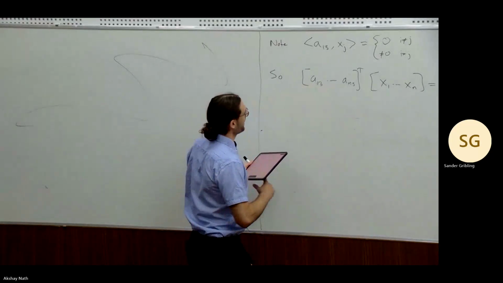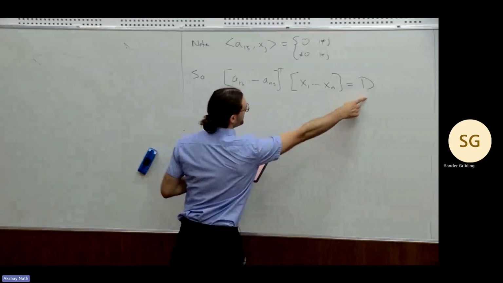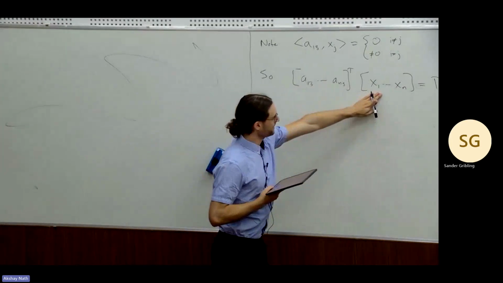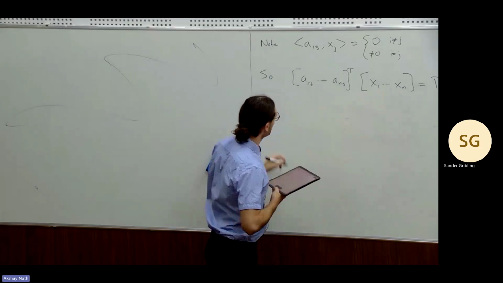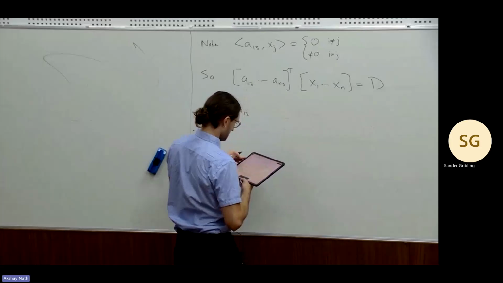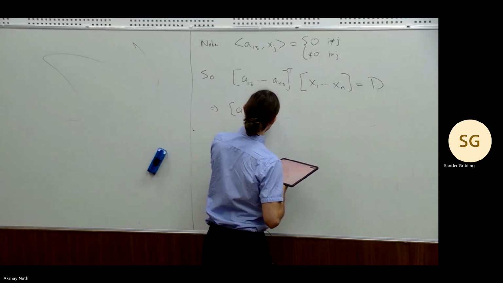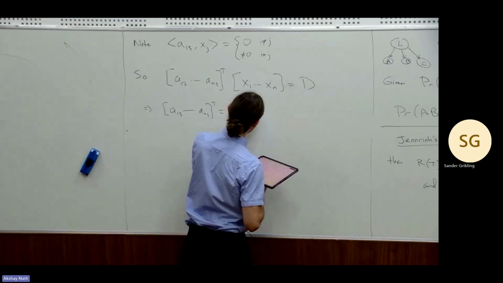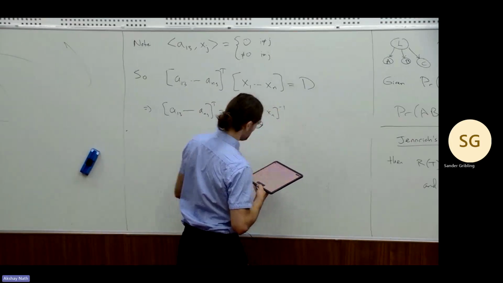We don't know D, we know X. I'm going to multiply by this inverse on both sides. So the A_3 matrix transpose is equal to D times X inverse.